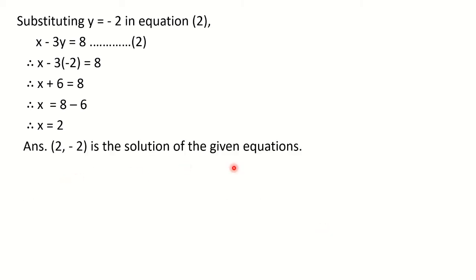Don't forget to write down the final answer as it carries half a mark, as I have said. Everywhere the method is going to be the same, only the observation is important here.